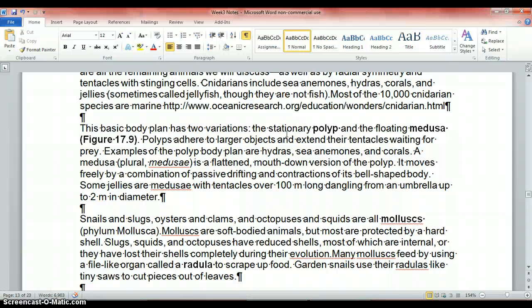A medusa is a flattened, mouth-down version of a polyp. It moves freely by a combination of passive drifting and contractions of its bell-shaped body. Some jellies are medusae with tentacles over 100 meters long, dangling from an umbrella up to 2 meters in diameter.